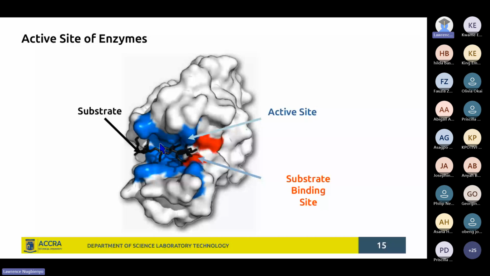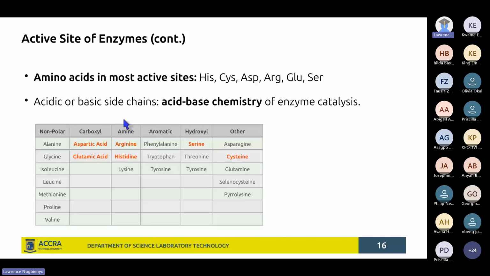All right, let's move on and talk about which amino acids you will usually find in the active site of enzymes, because we just talked about the fact that the active site is made up of maybe 2 or 3 amino acids that are in close proximity and they are forming a pocket-like structure that will be having interaction with the substrate.